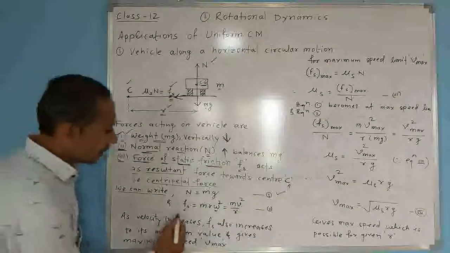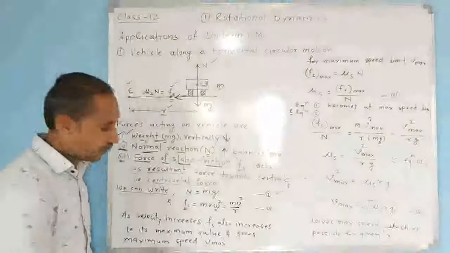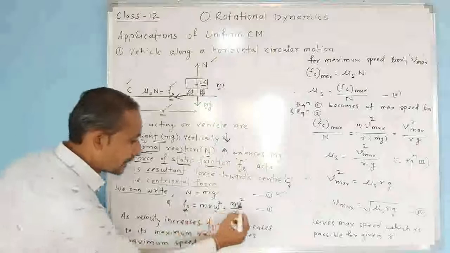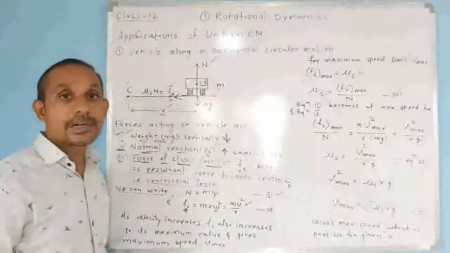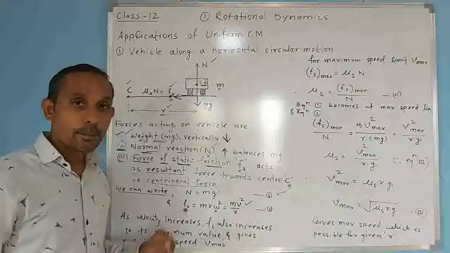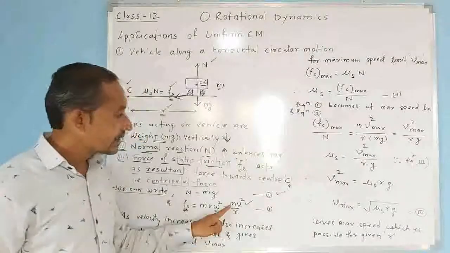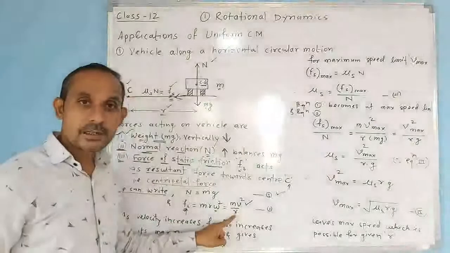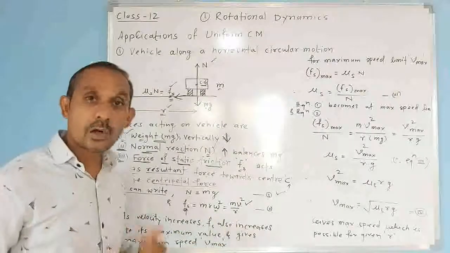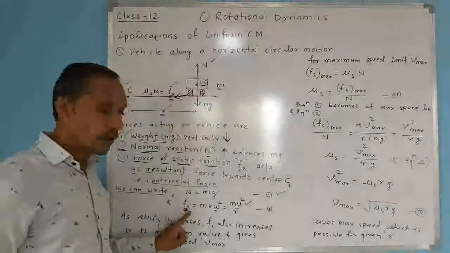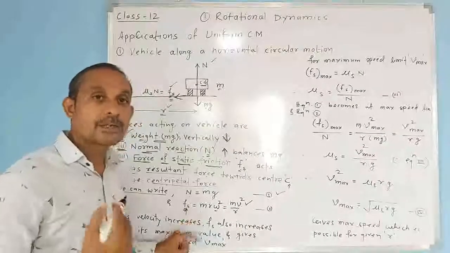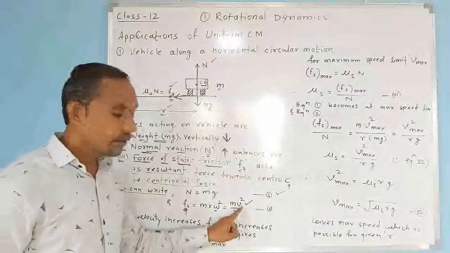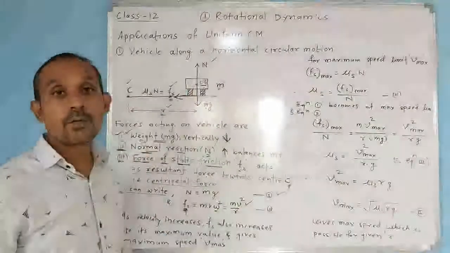Now, in this equation, the force of static friction depends upon the velocity, because we know the mass of the vehicle is constant and the radius is also constant. So the force of static friction depends only on the velocity of the vehicle.